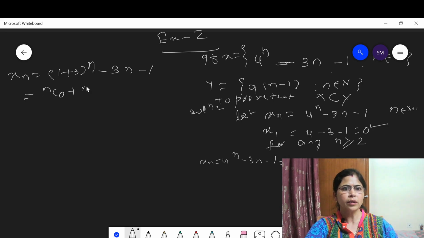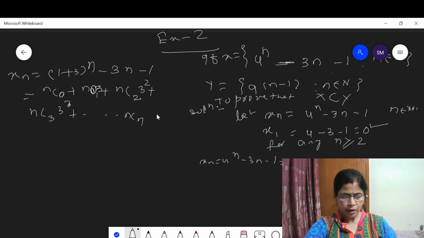By applying the binomial theorem, this is nC0 plus nC1 into 3 plus nC2 into 3 square plus nC3 into 3 cube, and in this way we get nCn into 3 to the power n, minus 3n minus 1.